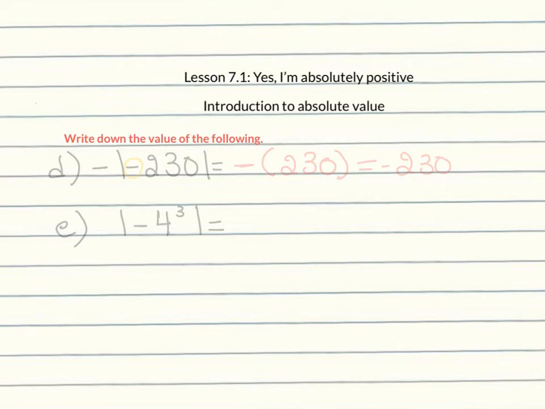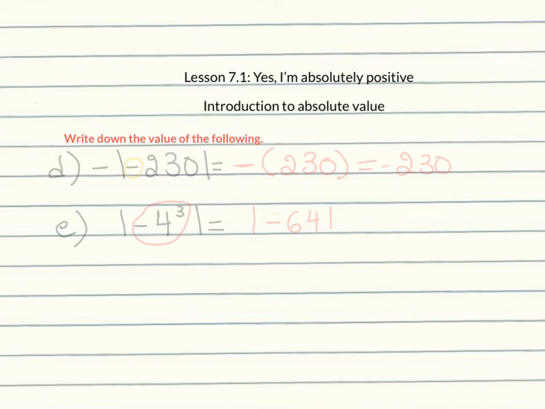As you know, negative 4 to the power of 3 is negative 64. So we keep the absolute value for now because we're solving the exponent, negative 64. Now we solve absolute value of negative 64.